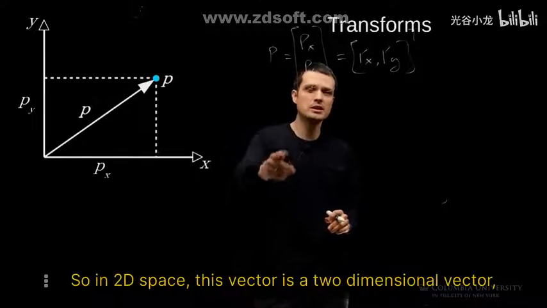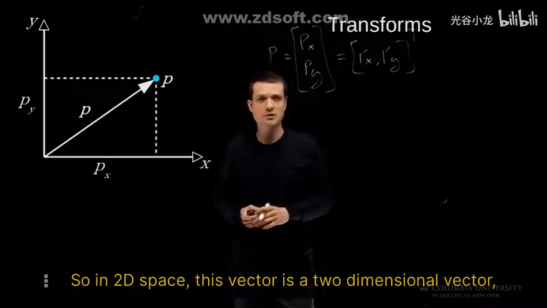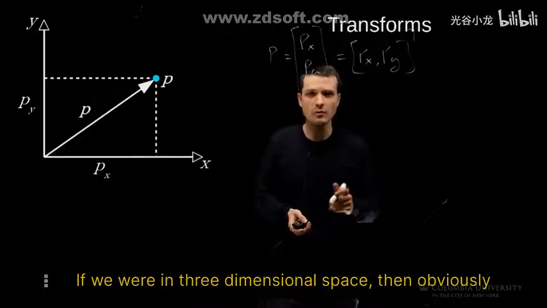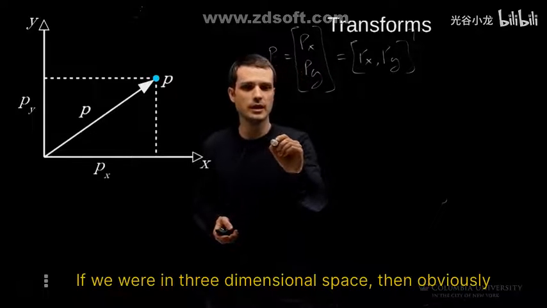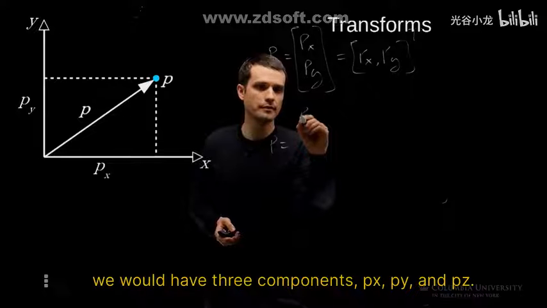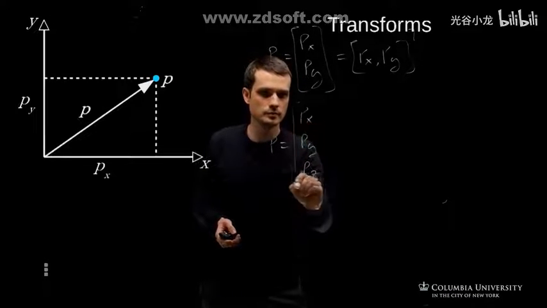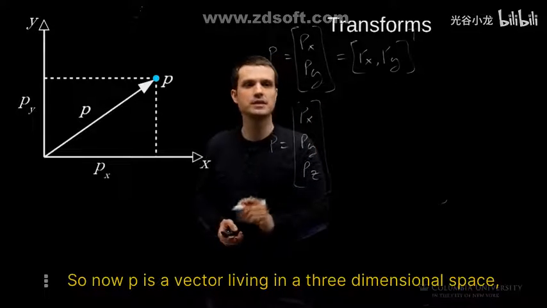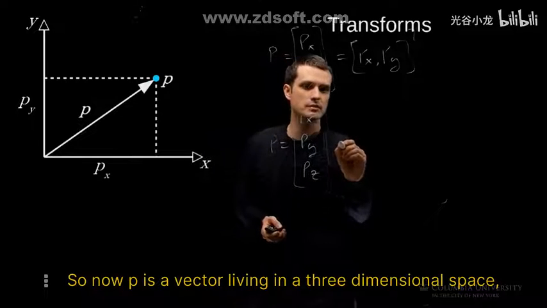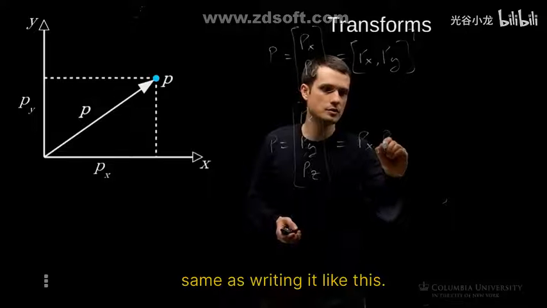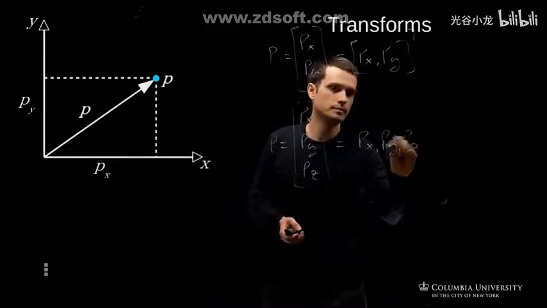So in 2D space, this vector is a two-dimensional vector. It has two components. If we were in three-dimensional space, then obviously we would have three components, px, py, and pz. So now P is a vector living in a three-dimensional space, same as writing it like this.